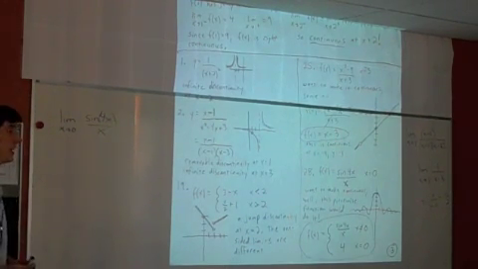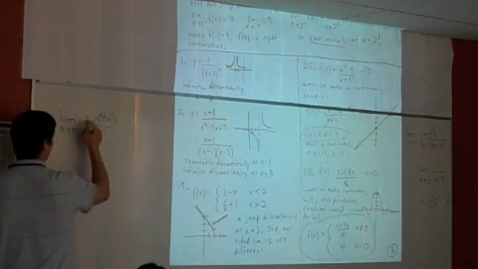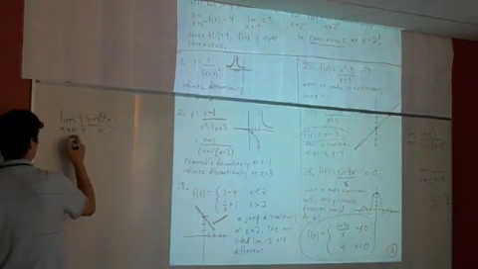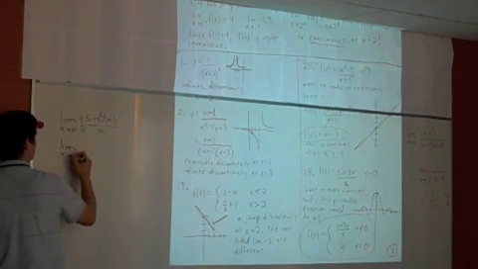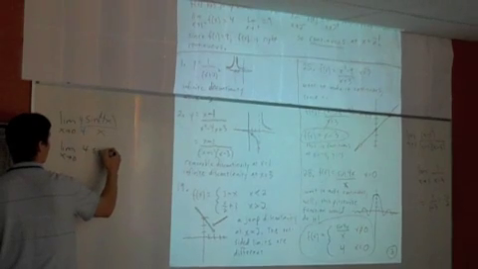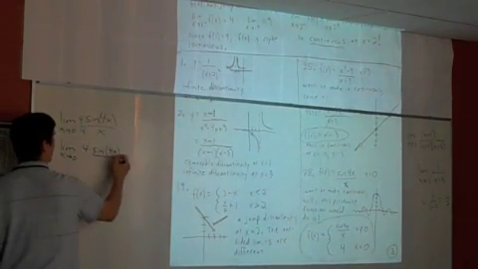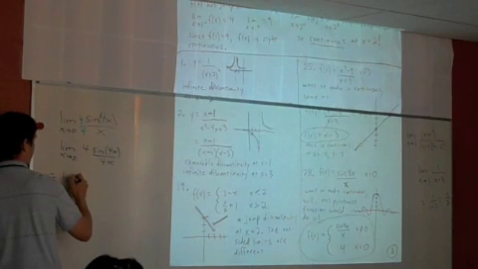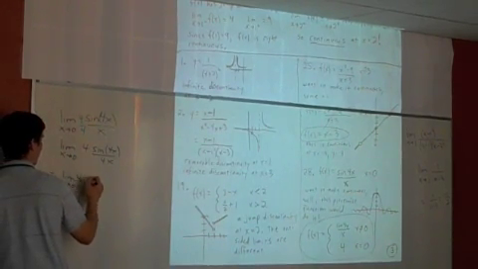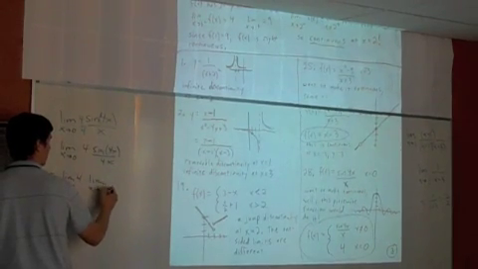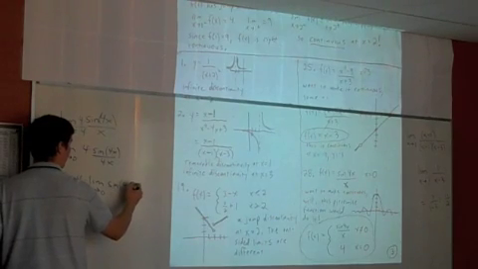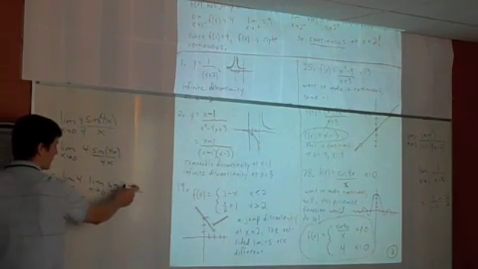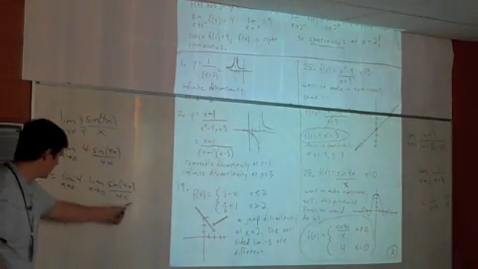Well, if we do the algebra on it, I'm going to take this thing and multiply the top and bottom by 4. You're going to get the limit as x approaches 0 of 4 times sine of 4x over 4x. I'm going to split these two things up using my limit rules. The limit as x approaches 0 of 4 times the limit as x approaches 0 of sine of 4x over 4x. Limit as x approaches 0 of sine of something divided by that same something, what's that equal to?